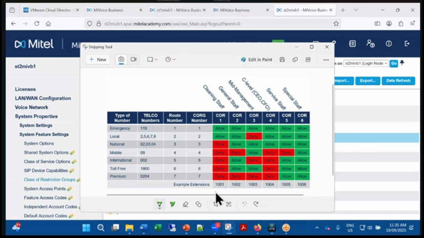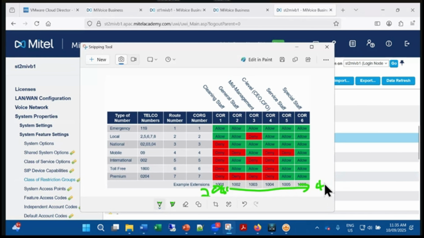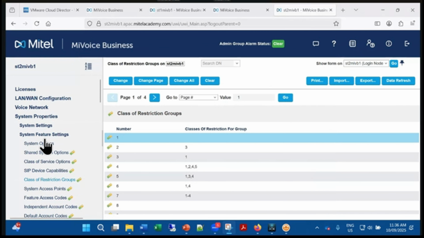And then the extensions we will use 2041 all the way to this example 2046. Okay, so 2041, 2042, 3, 4, 5, 6.